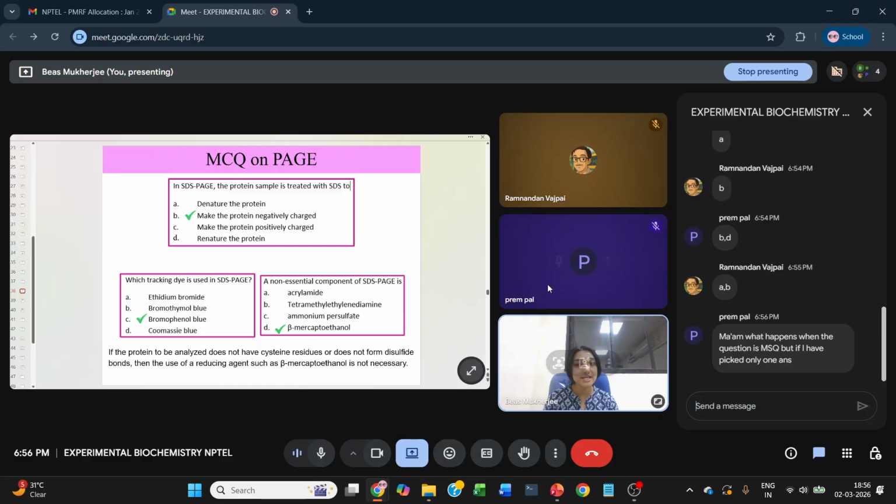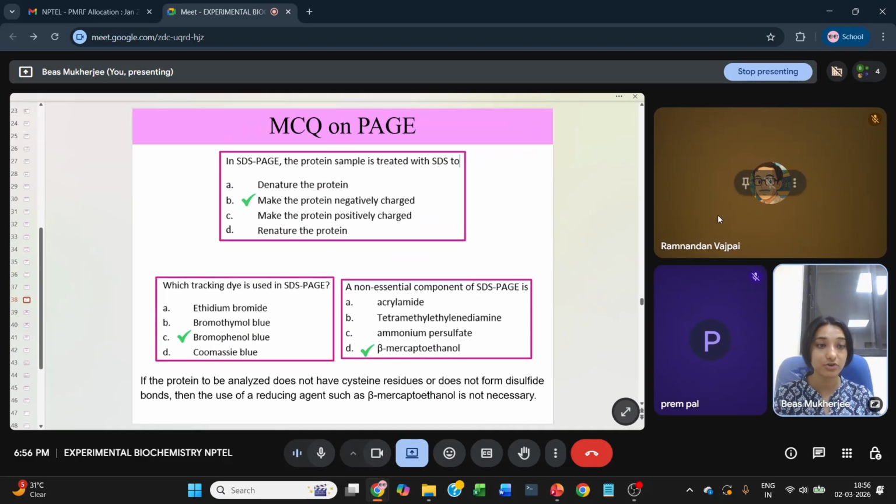If the question is an MSQ, you will also have to answer denaturation of the protein, okay? Because SDS is a detergent, and detergent helps in denaturation of the protein. So both heat and SDS are helping in denaturation. So if it's an MSQ, then you have to also mark denaturation. Okay. So that is what is happening.